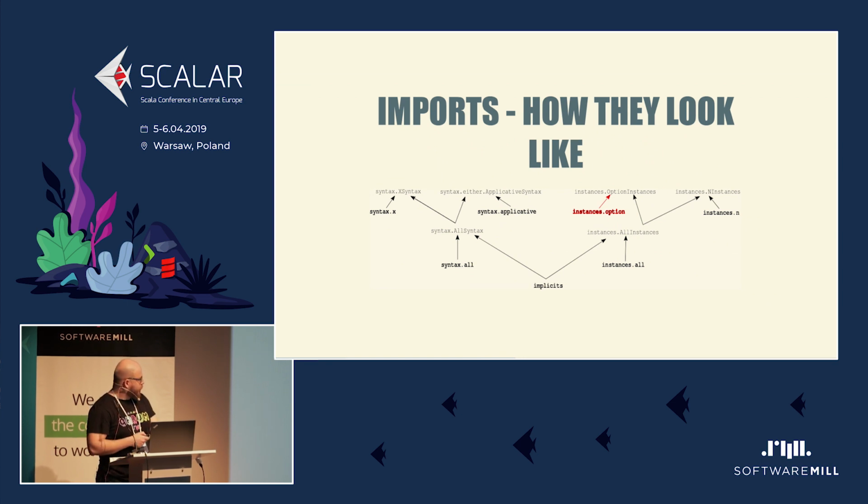But since we are also importing cats.implicits, we go from implicits to all instances, and we also get to option instances. So basically what the compiler sees is that we have imported the same object twice through different hierarchies, and it just confuses it. It doesn't know what to do, and hence this unintuitive error.